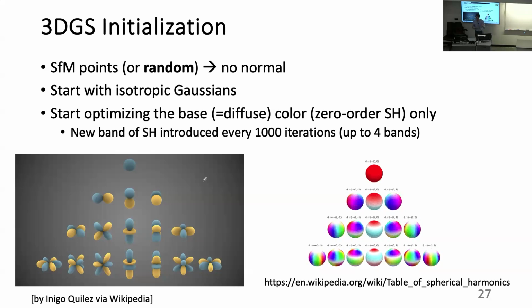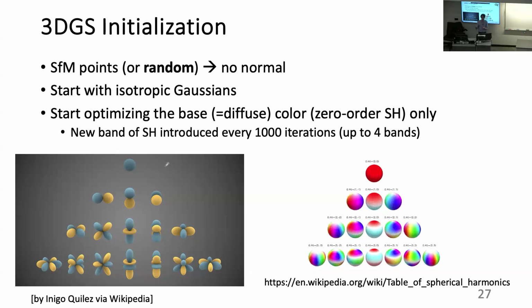If you look at their implementation, you literally have a function that's called SH to RGB, and you just have to give it some view direction, which simply converts some 16 numbers or so, your spherical harmonic coefficients, into an RGB color given some view. And the zero-order spherical harmonics actually don't depend on the view. They are the diffuse or base color.